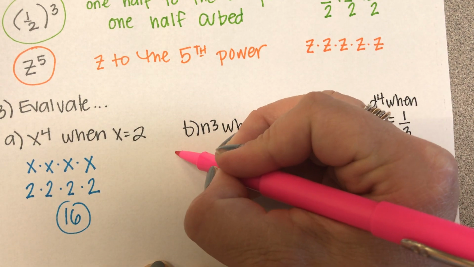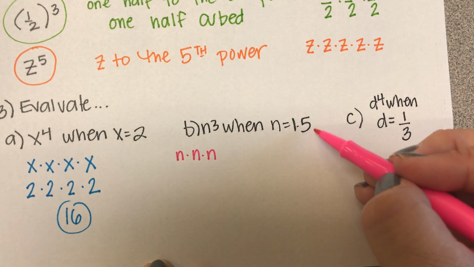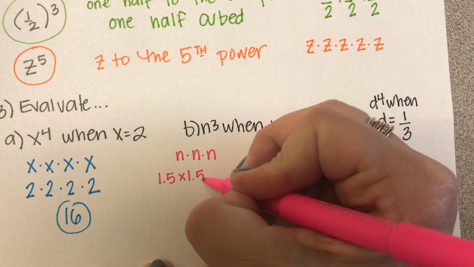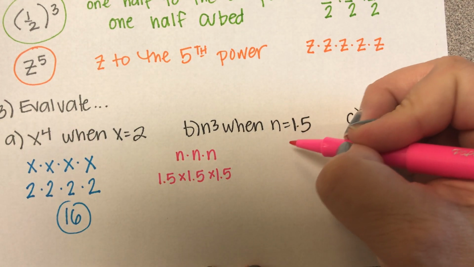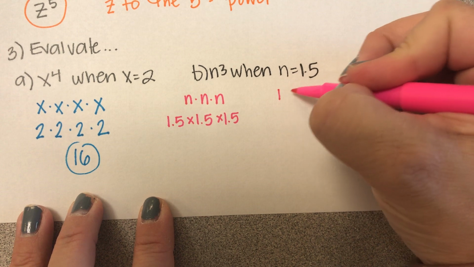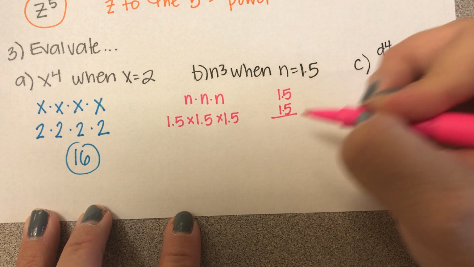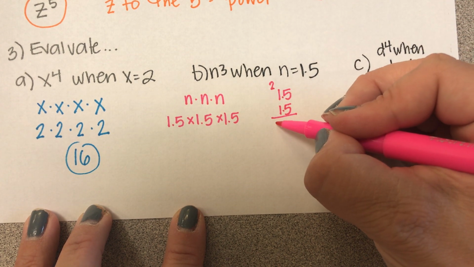Okay, so n to the third means n times n times n. And it's telling me that n is 1.5. So that's 1.5 times 1.5 times 1.5. Okay, and it really doesn't matter whether you use the little dot or the X. So I'm gonna come over here to the side, and I'm gonna do 1.5 times 1.5. 5 times 5 is 25. 5 times 1 is 5, plus 2 is 7.